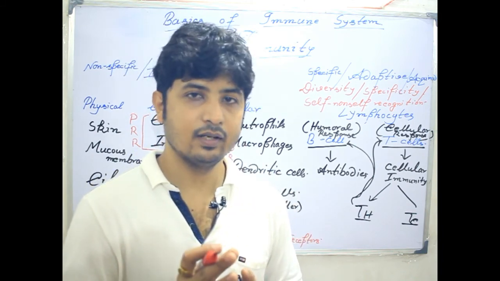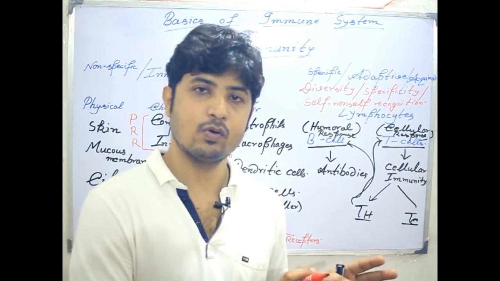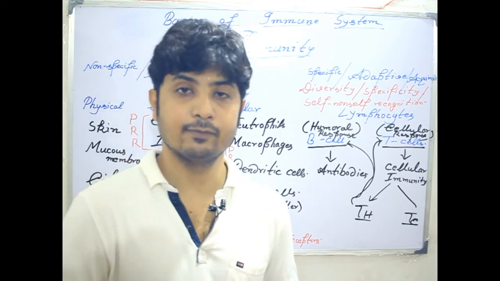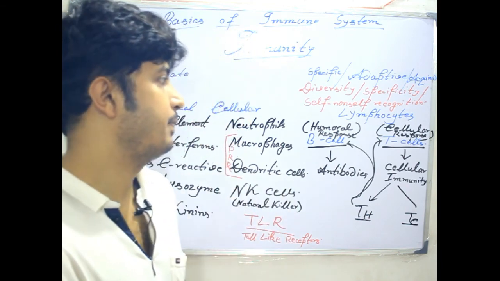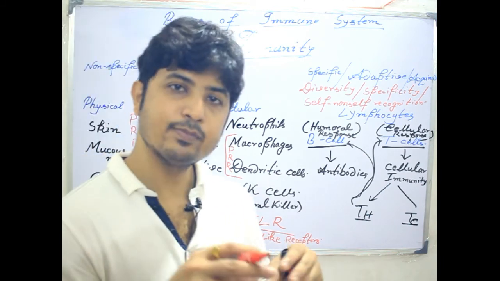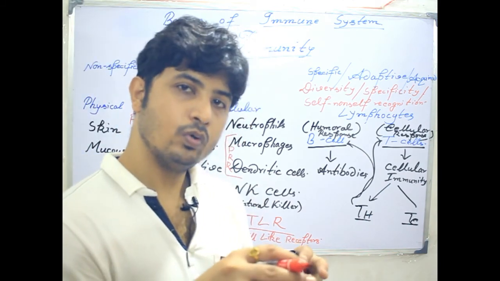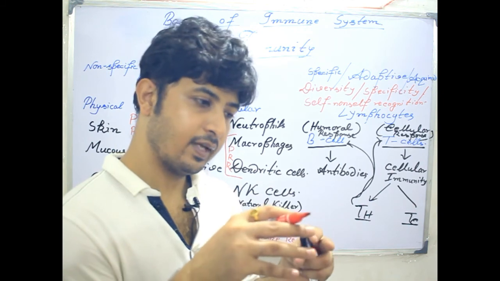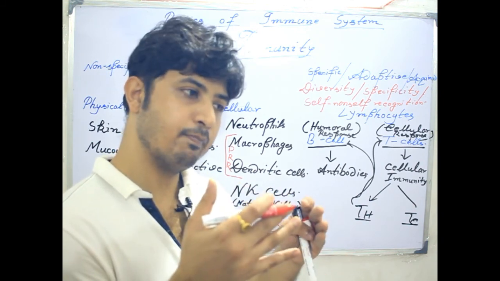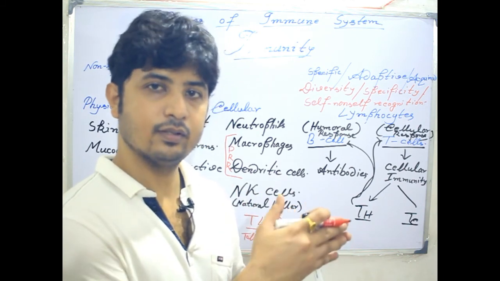Now the cell is going for apoptosis, or the cell is trying to defend itself. At that time the T cell will come into action. The T cell is mobile, it will go towards the affected cell and with its receptors it will bind to that affected cell.